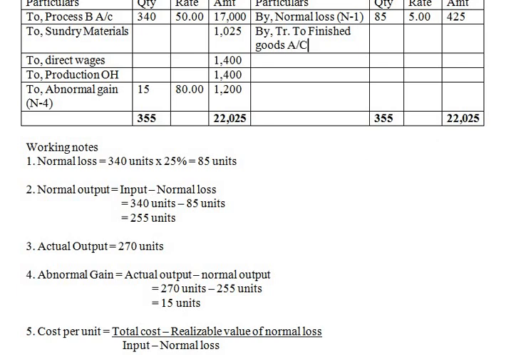Sometimes in the problem they may ask us to prepare finished goods account also. So that also we need to prepare. In this problem they have not asked, so we are not going to prepare that. So 270 and the rate is 80 and here it is 21,600.